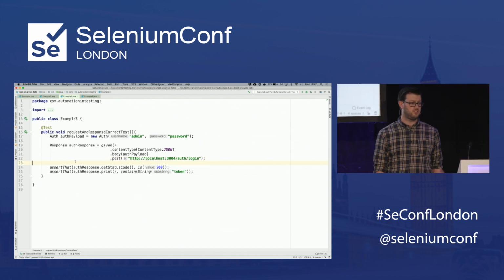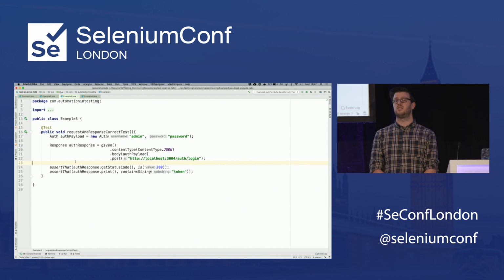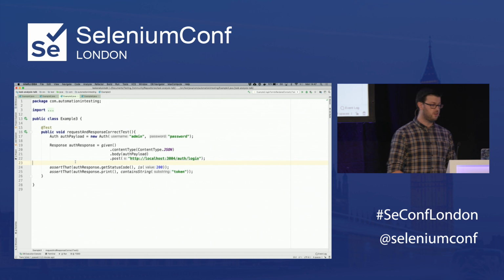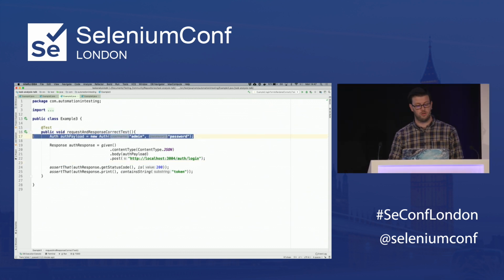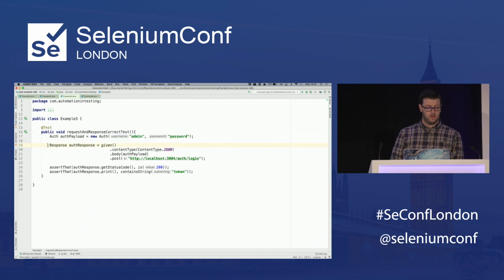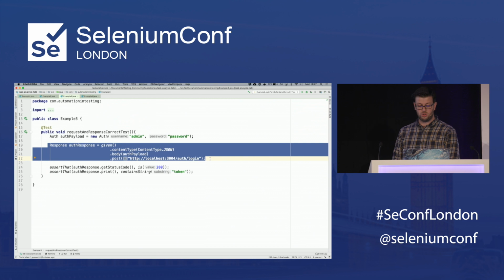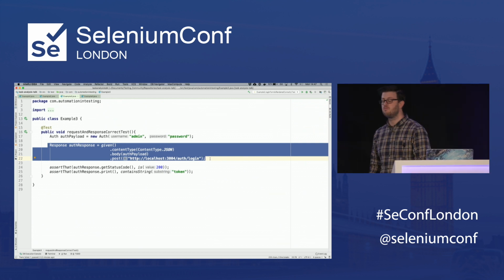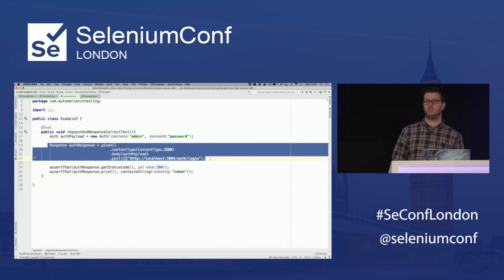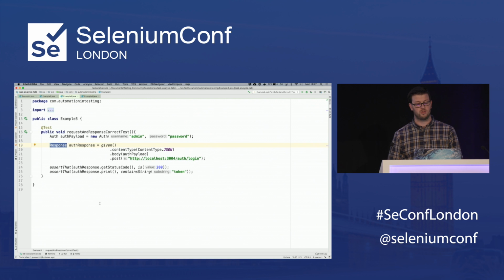Again, no preference, just it was something that I could quickly and easily put together to show how I would implement this check. So the first thing I'm doing is I'm creating that payload with that super secure username and password. And then I'm using Rest Assured to set content type, add that payload in, and then I'm sending a post request to the login endpoint. And then that stores some details back in a response object.